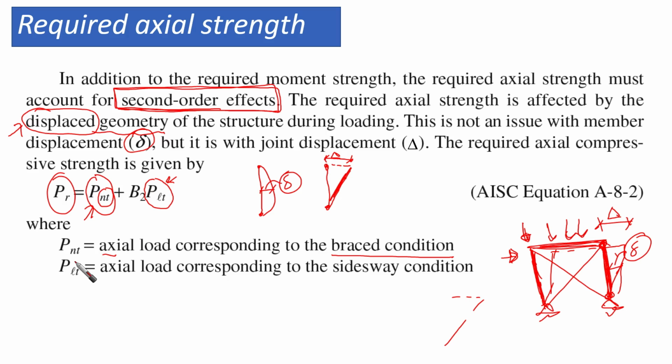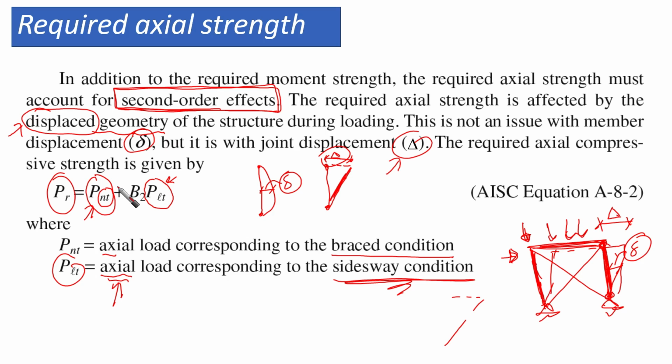PLT is axial load, but due to the sidesway condition, when there is lateral loading like wind or earthquake, for example. It is not with the member displacement, it means that we need to take into consideration this big delta.